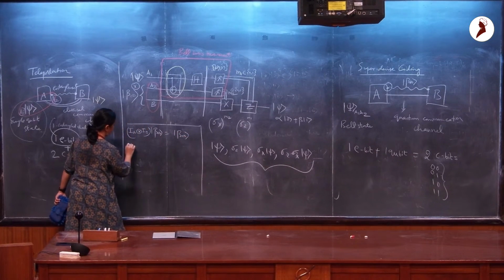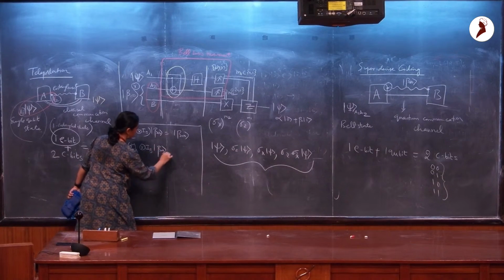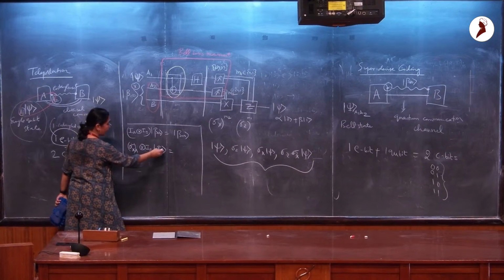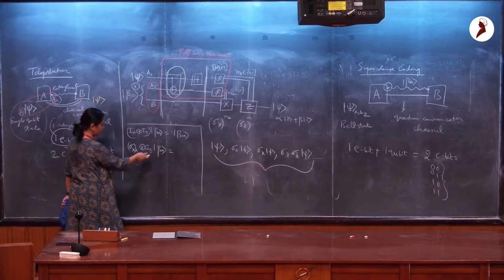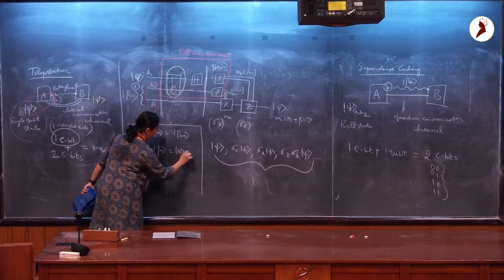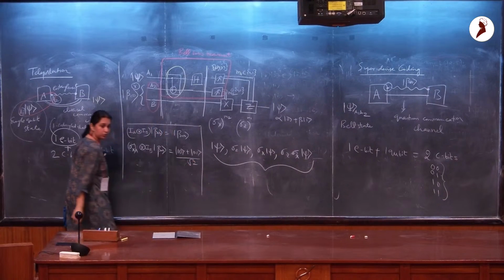Let's say A applies a sigma X operation on this maximally entangled state. That's a local unitary. You realize that the zeros and ones basically get flipped. So this gives you the state (|10> + |01>)/root 2.